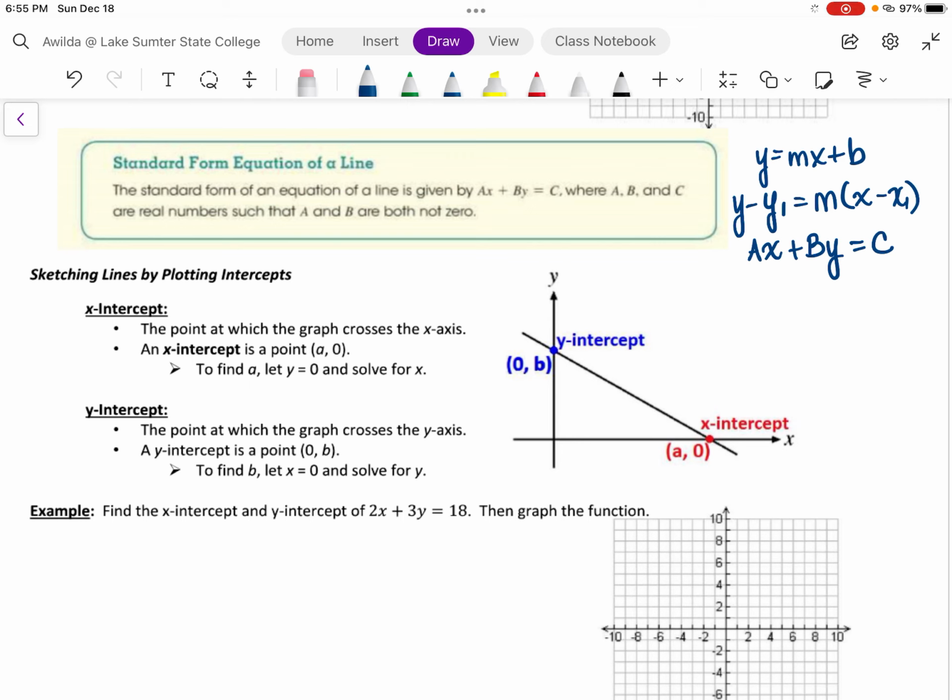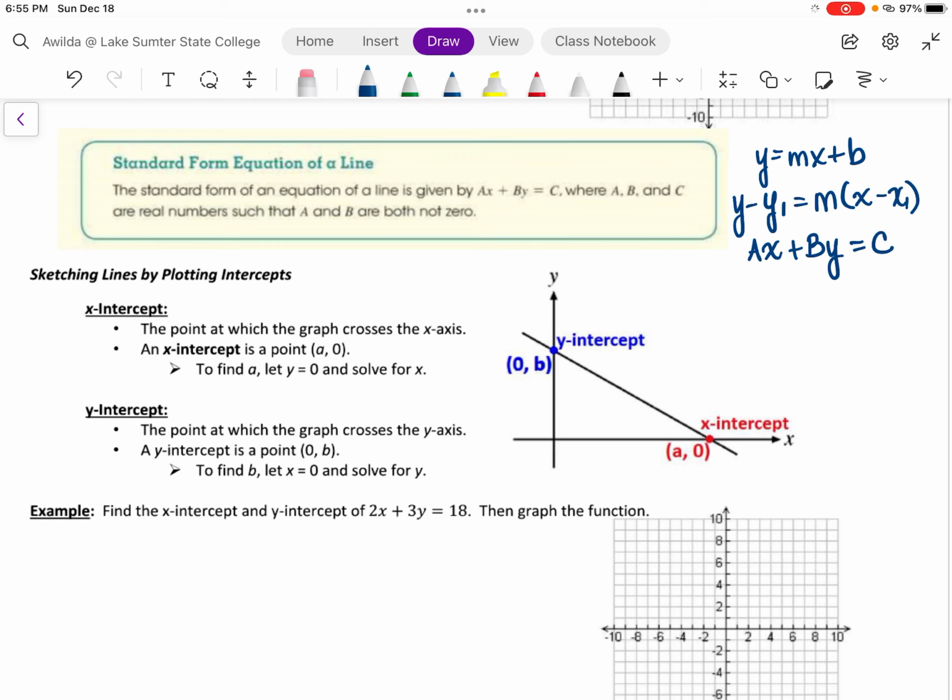In this case, we have x and y together on one side, which makes it easier for us to compute the x and the y intercepts. So let's review what the intercepts are. An x-intercept is the point at which the graph crosses the x-axis. Its ordered pair will have some number a as the x-coordinate and always 0 for the y-coordinate.